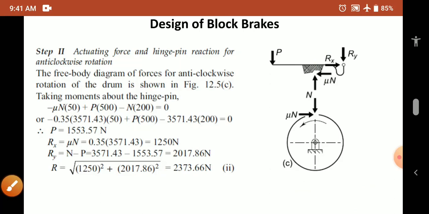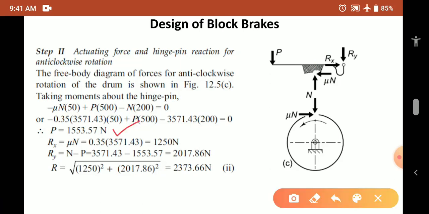By simplifying this equation, we calculate P is equal to 1553.57 Newton. Similarly, the horizontal component Rx is equal to mu N and Ry is equal to N minus P, and finally R is equal to the square root of Rx squared plus Ry squared, and we get R is equal to 2373.66 Newton total reactive force.